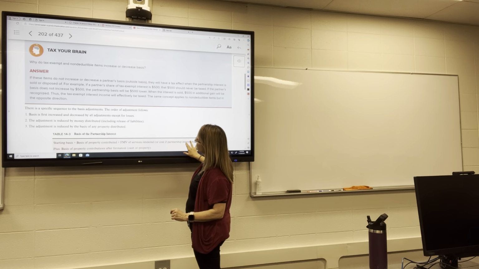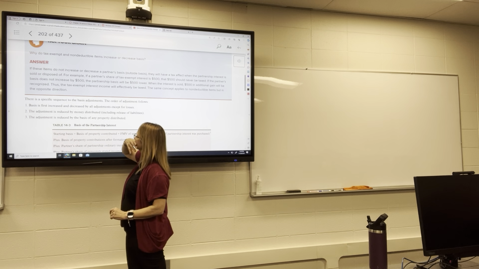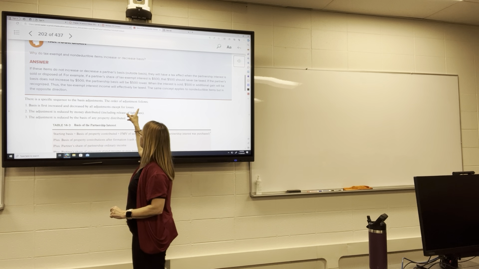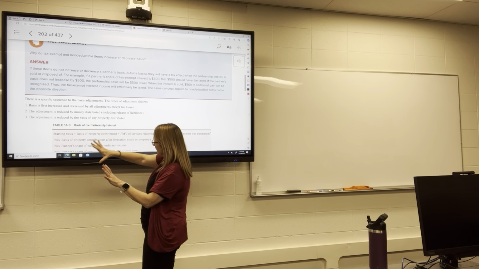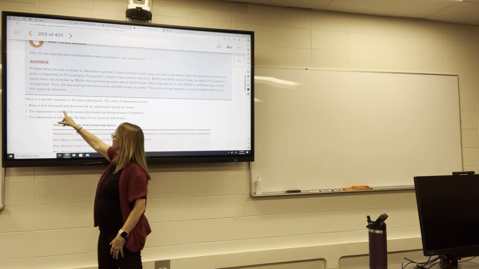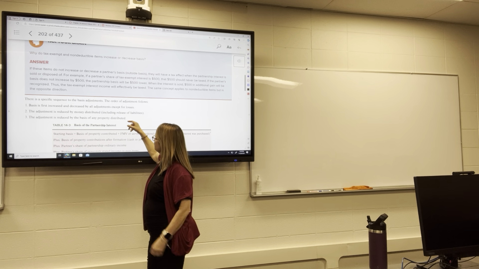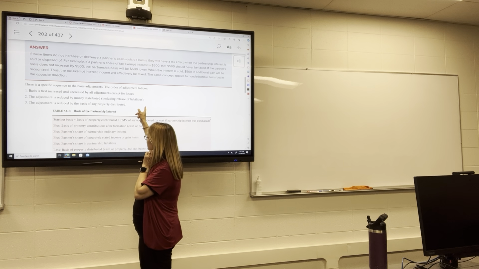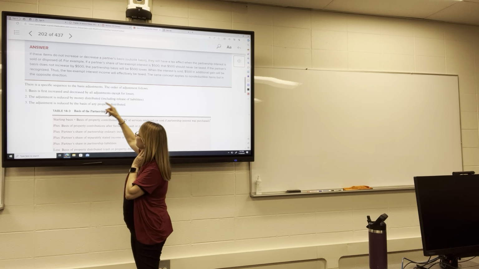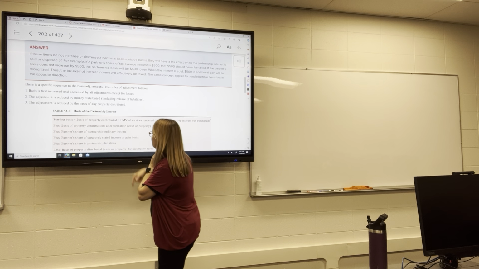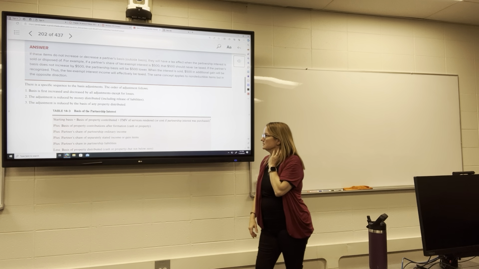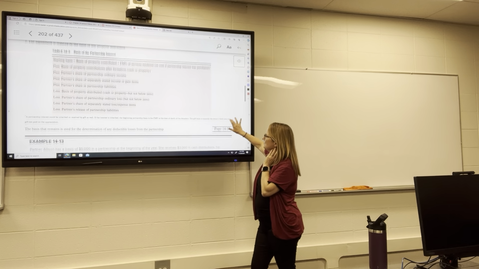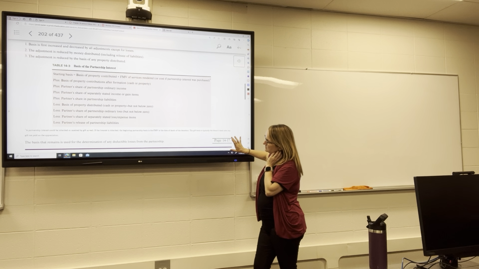So the sequence of the basis adjustments, aside from the liabilities: increase and decrease by all adjustments except for losses, reduce it by money distributed, including the release of liabilities, and then reduce it by the basis of any property distributed. So there is an order to that.